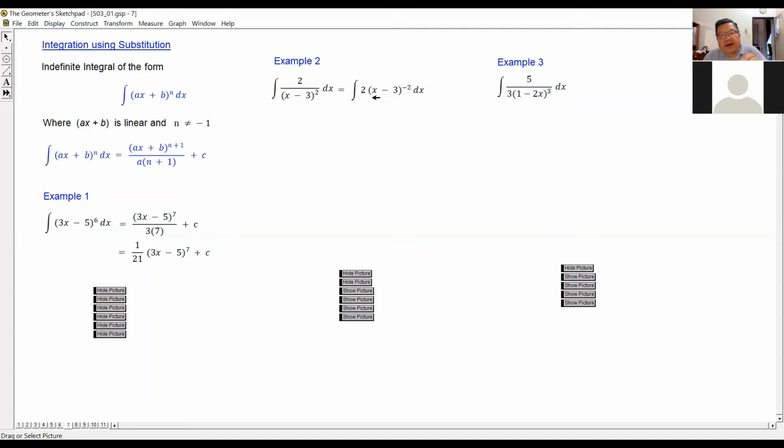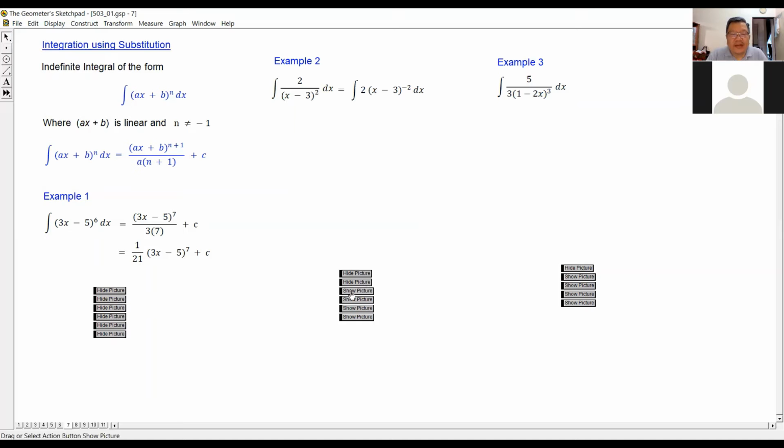Now that the function is expressed in index form, you can integrate it. How? The number is increased by 1, divided by the new number, and also divided by the number in front of x. Here, the number in front of x is 1.